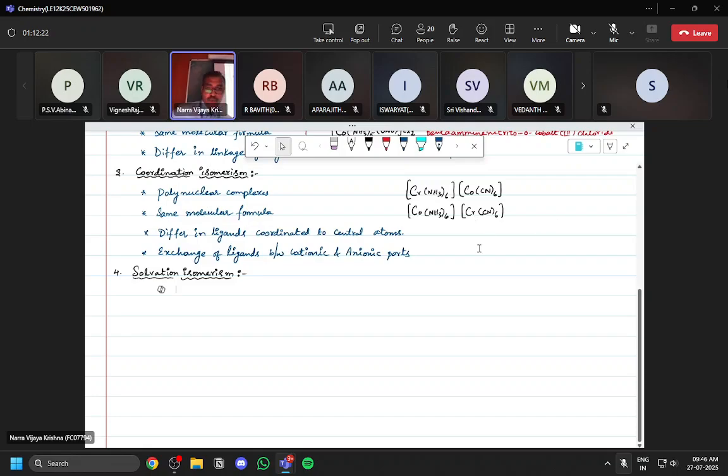Clear? Now coming to solvation isomerism. Same molecular formula, but differ in the number of solvent molecules inside and outside the coordination sphere.